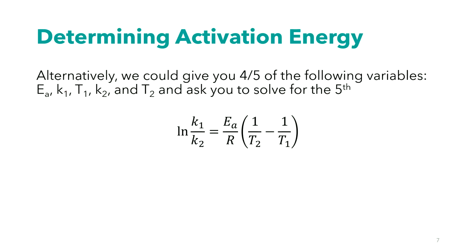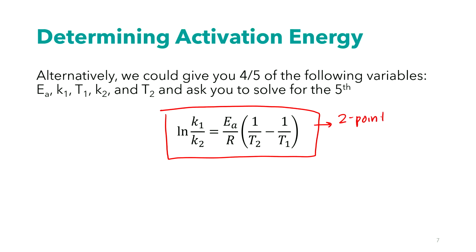All right, so this is one way to ask you about EA and A. The other way is to give you the 2-point form. You guys have this on your equation sheet. This is the 2-point Arrhenius. Okay, so notice here, I've dropped out A. Again, A is not usually what we're interested in. We want the activation energy.